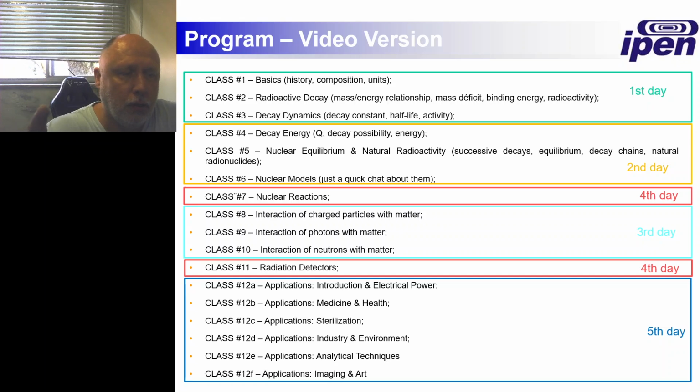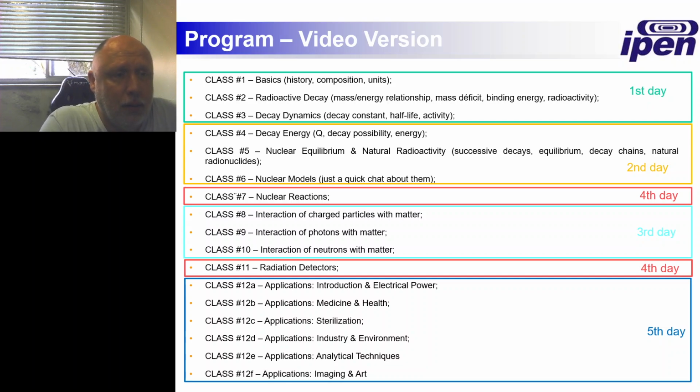So the first day, we divided the first day in 3 classes. First class are the basics, the history, the compositions, and the units. Because there are units we use here which are somewhat more important, and we should know a bit about them.